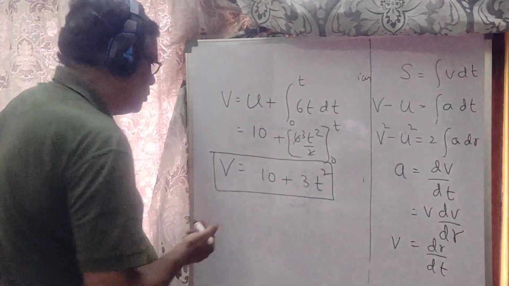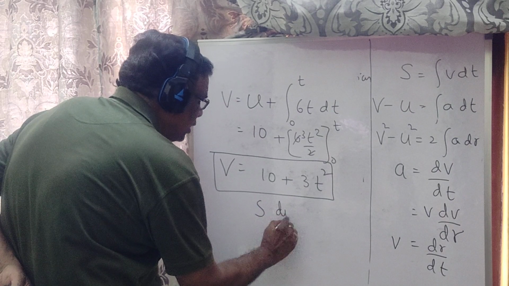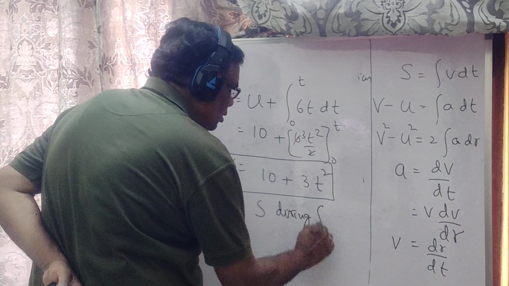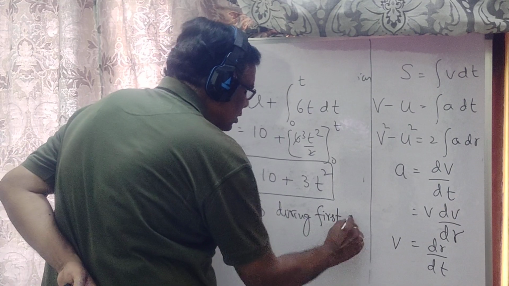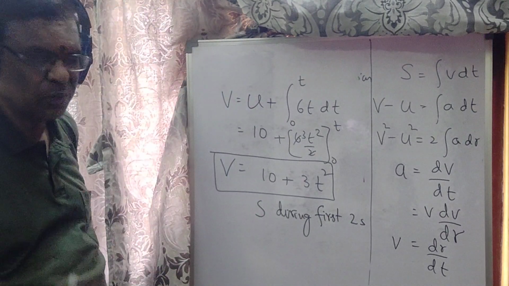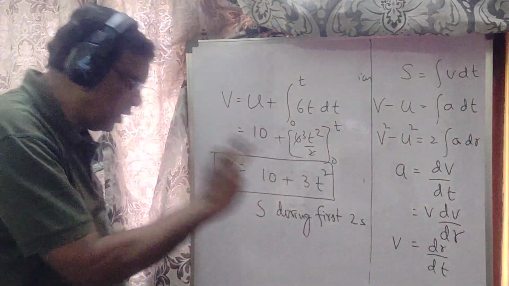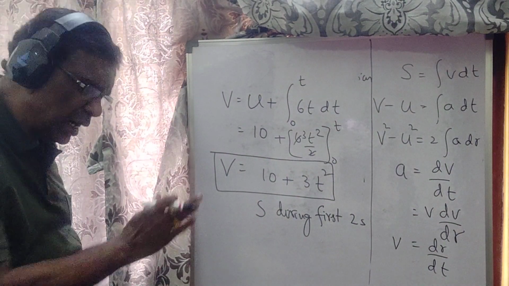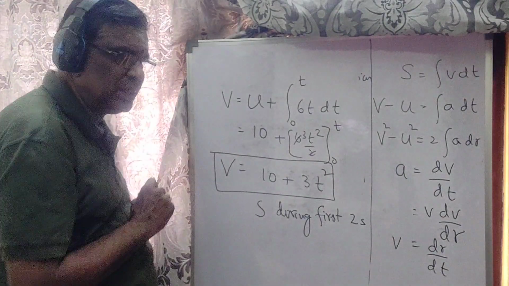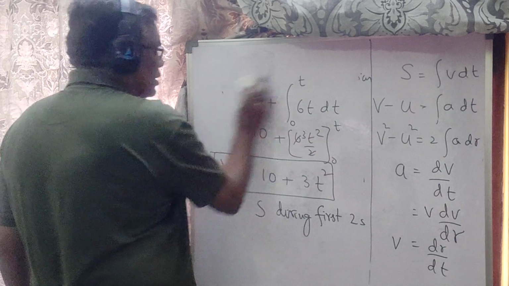Now I may ask you, what is the displacement during the first 2 seconds? In fact, I am now working on the same problem. I am extending this problem. First we found out velocity. Now if I want to get the displacement, I will use this.